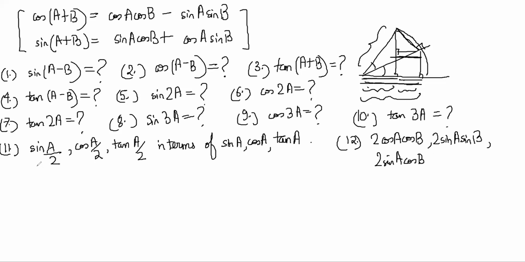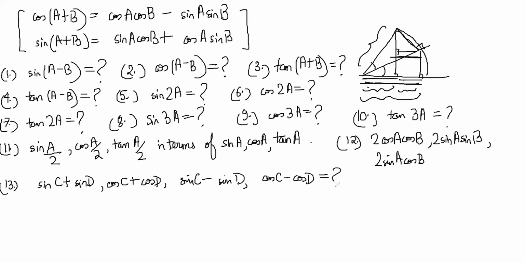Then finally we need to find out sin C plus sin D, cos C plus cos D, sin C minus sin D, and cos C minus cos D. These formulas.